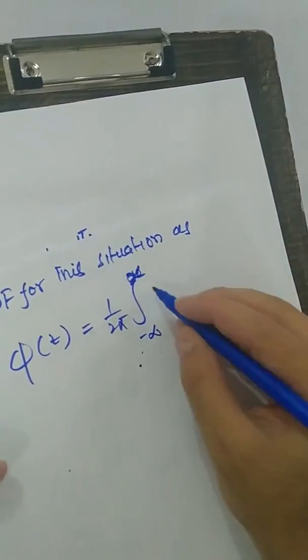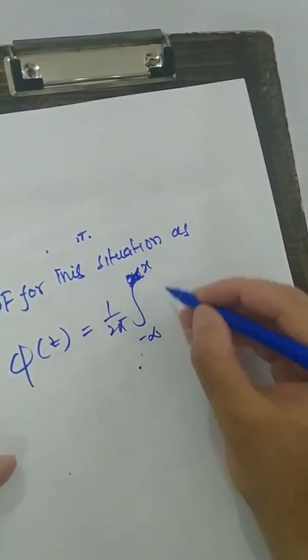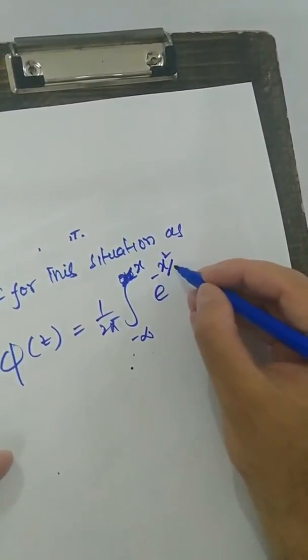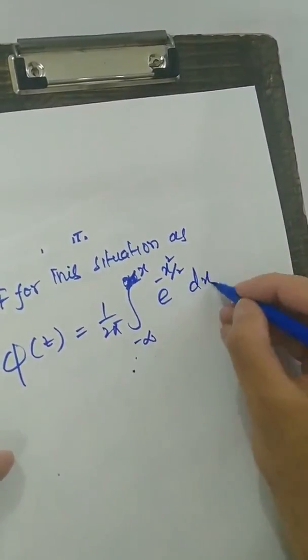So I will integrate up to x, e raised power minus x square divided by 2, dx.